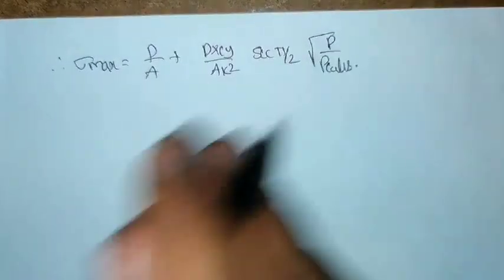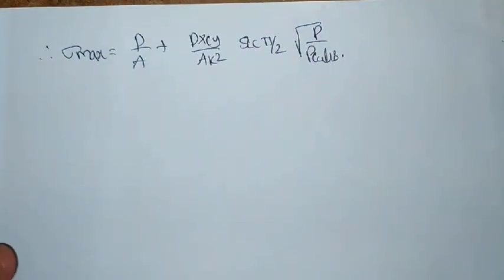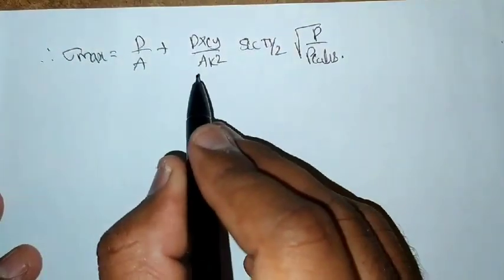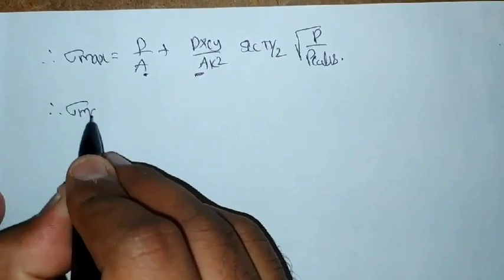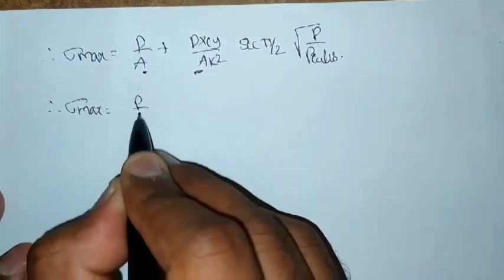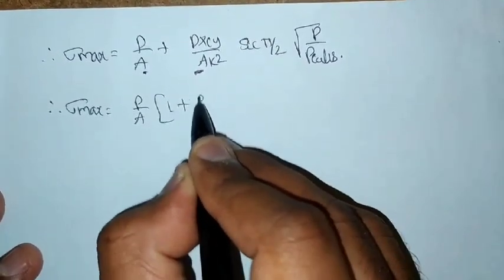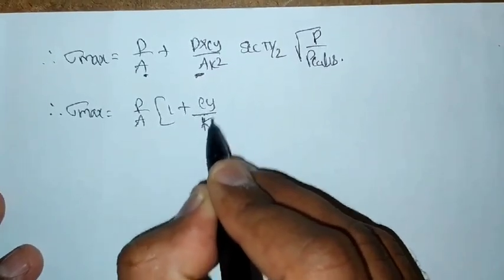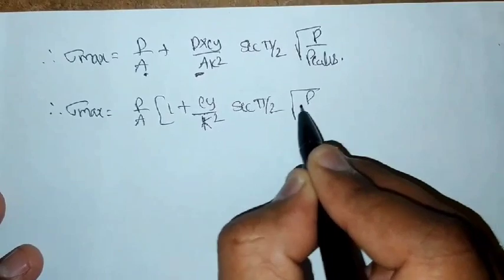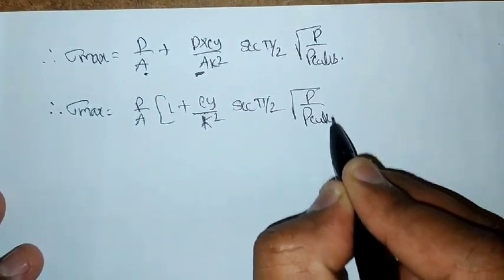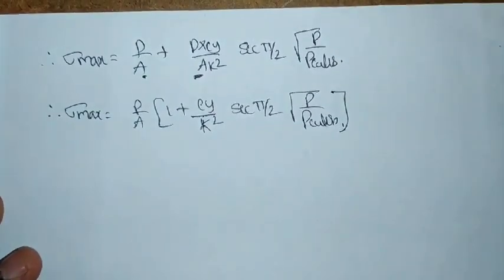Now if you see here, from these terms we are going to have P by A as common. So take out the common terms. Therefore sigma max is equal to P by A of 1 plus EY by K square into secant pi by 2 into root of P by P Euler's.